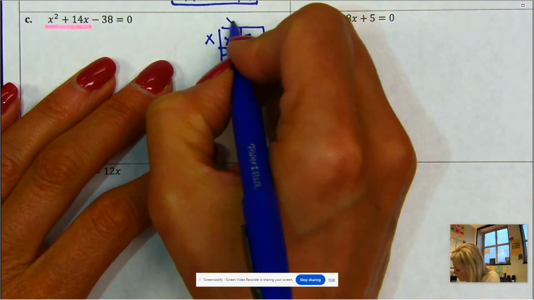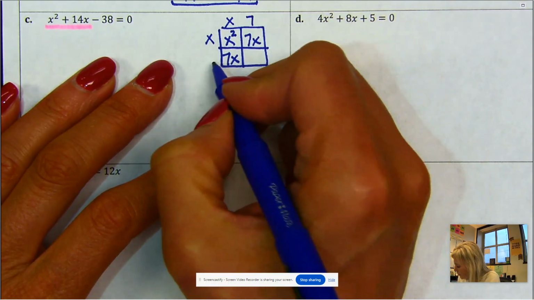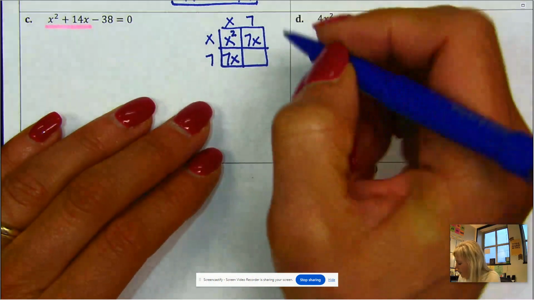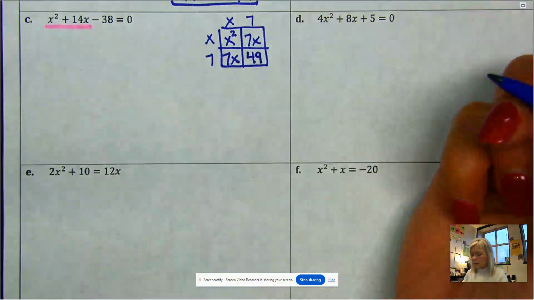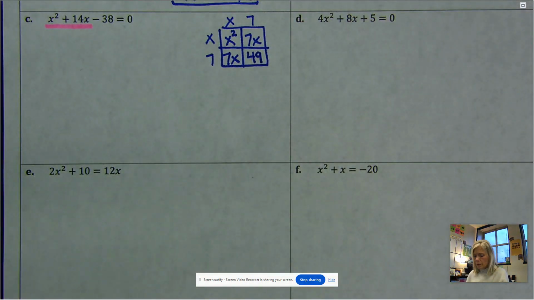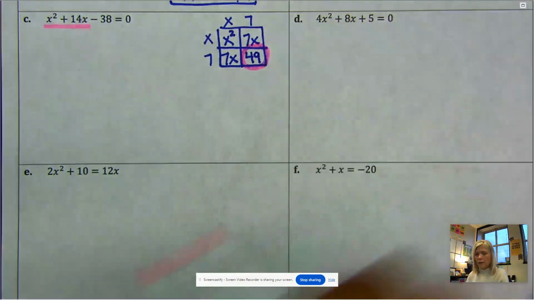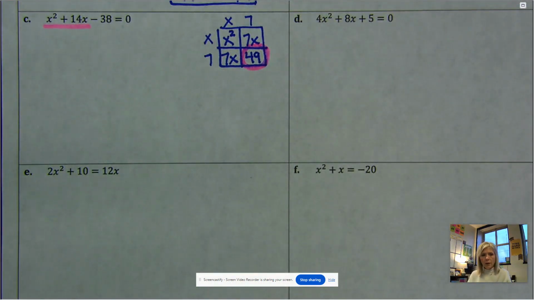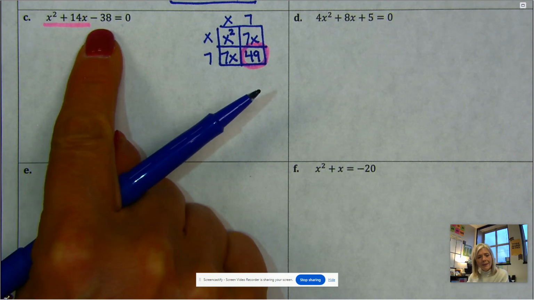And so x squared is x times x, and then we need a 7 here and down here. And then 7 times 7 is 49. So 49 is that number that completes the square. So instead of a minus 38 here, I need it to say plus 49.